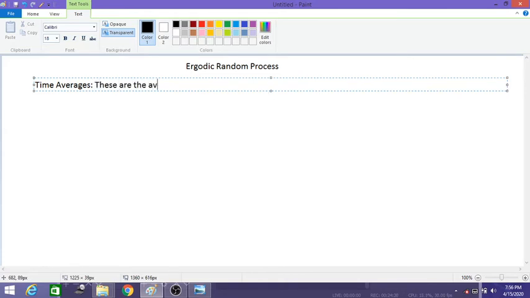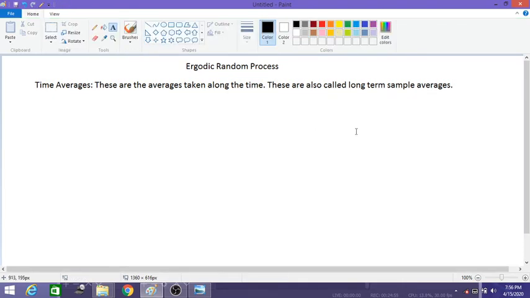These are the averages taken along the time. These are also called long-term sample averages.